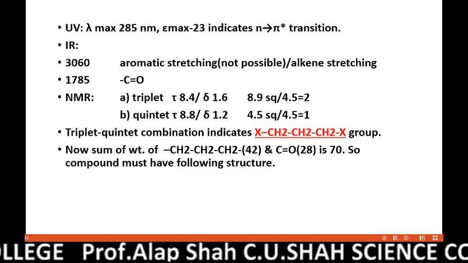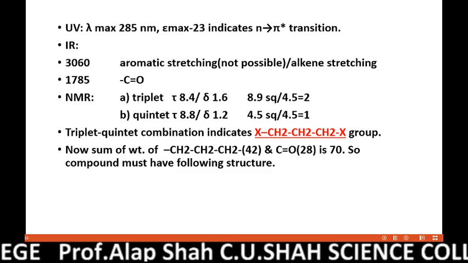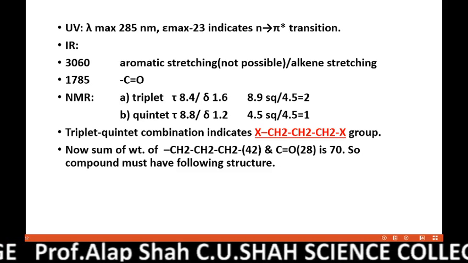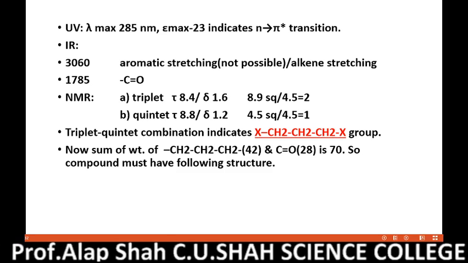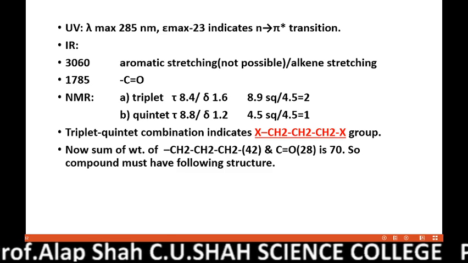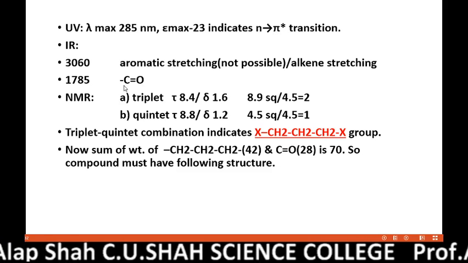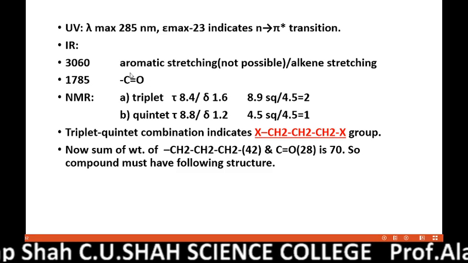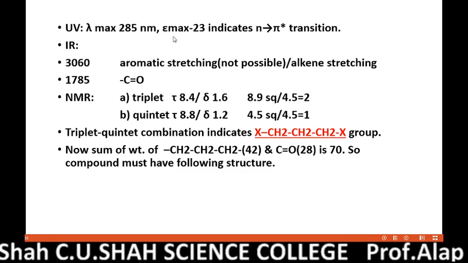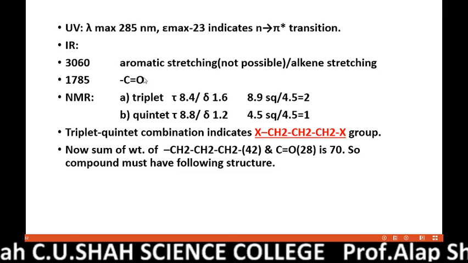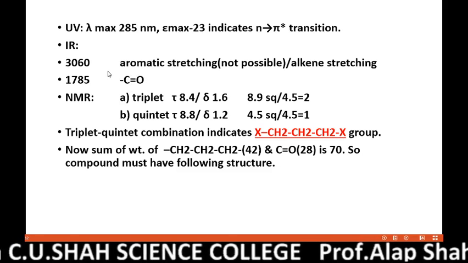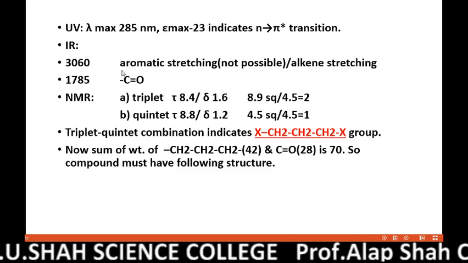UV is 285 nanometer lambda and 23 epsilon. Epsilon normally lesser than 100 indicates n to pi star transition, and n to pi star transition is very common in some functional groups like carbonyl. So IR is also supporting the data given in the UV. Now let us discuss the IR. First band is 3060.